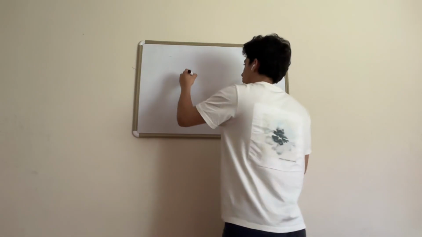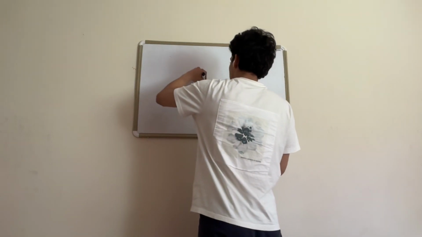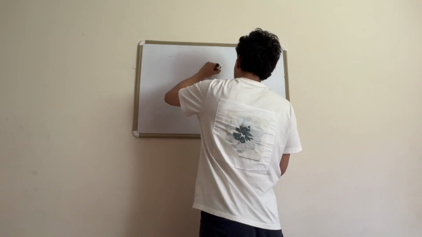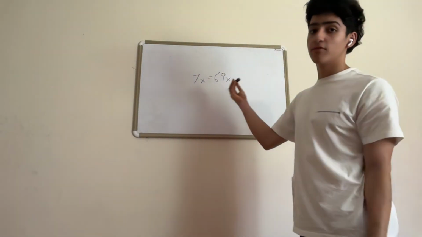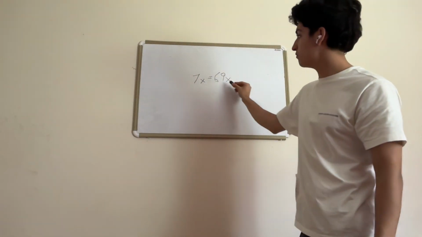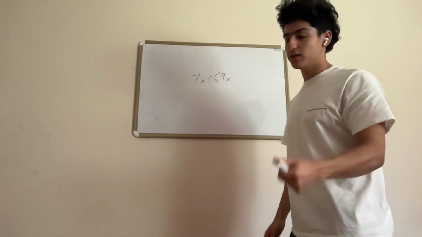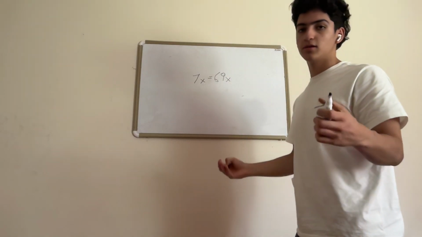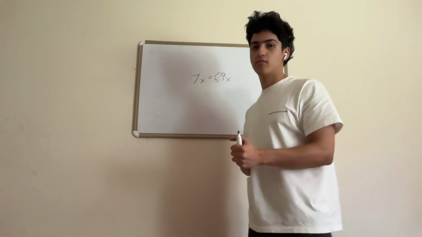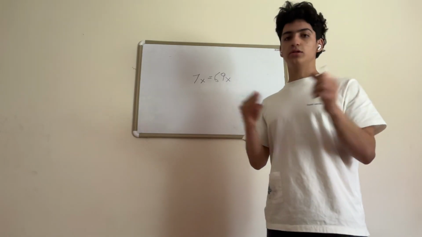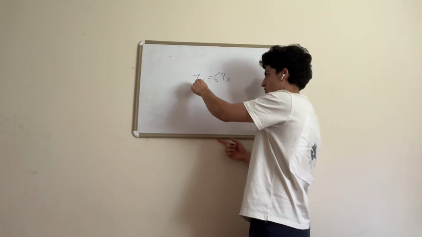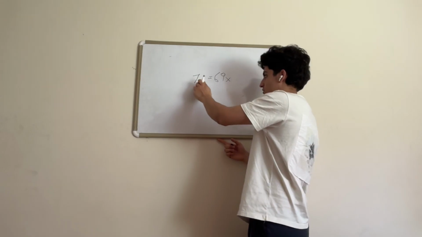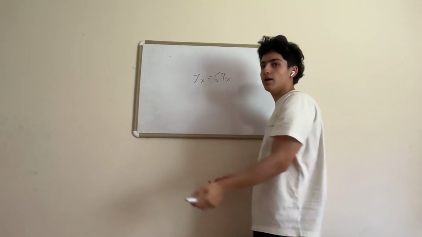So here's the thing. Let's say we have 7x equals, let's go with the same one. Now in here we have a 2 in both. What we gotta do in this case is combine both terms, because as you can see they are like terms. They both have the integer, they both have the same variable, so they're like terms.